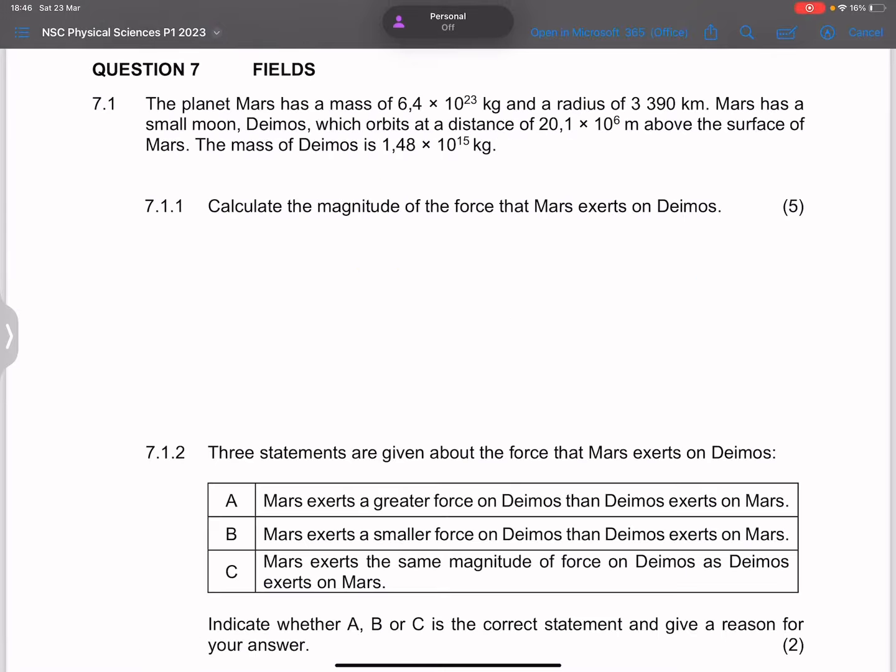All right, so we look at question 7. They say the planet Mars has a mass of 6.4 times 10 to the 23 kilograms, and a radius of 3,390 kilometers.